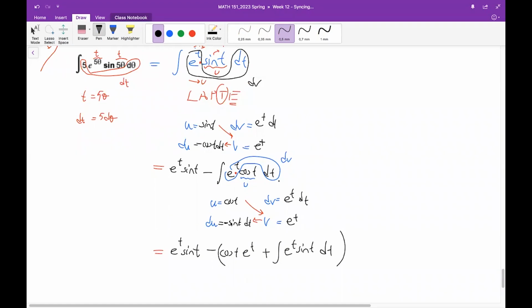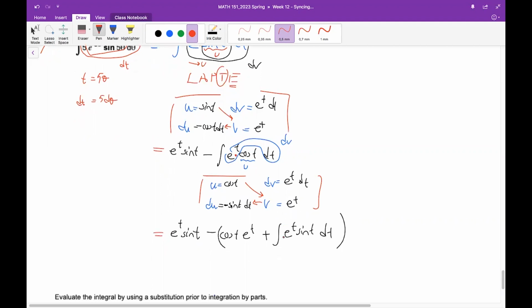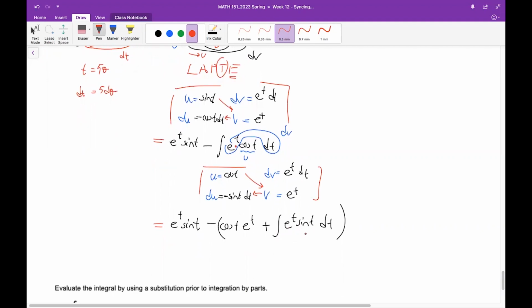We start with e to the power t sine t. We applied integration by parts once. By applying this diagram, we pass to this part. Then one more integration by parts. E to the power t cosine t. We turn back to sine t again. This seems like a cycle, right? This seems like an infinite cycle. If you apply one more integration by parts here, you will obtain cosine, then again sine, cosine. So this is in fact an infinite cycle.